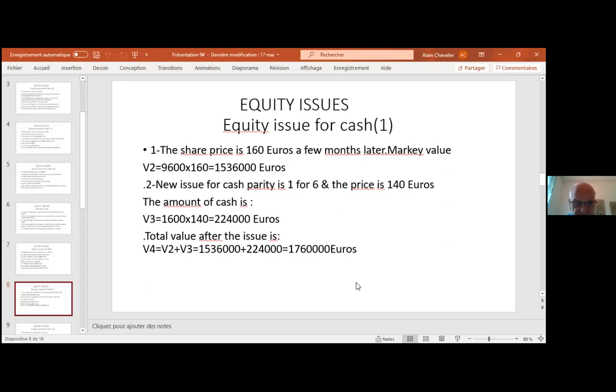That means it is equal, and you see that on the slide, it's very clear, I think, to V2 plus V3, which is 1,536,000 plus 224,000. And we have a total value after the issue of 1,760,000 euros. So we have an increase in the value of the company.